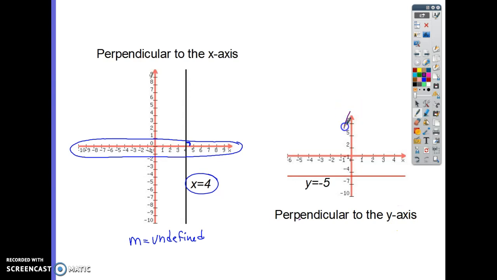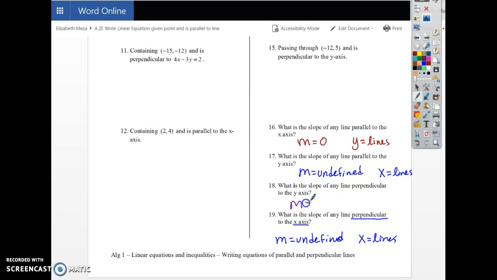So this is the y-axis right here. And perpendicular to it is this line. What slope is that? 0. M equals 0. And it's a y-equal line. M is equal to 0. And it's y-equal lines.